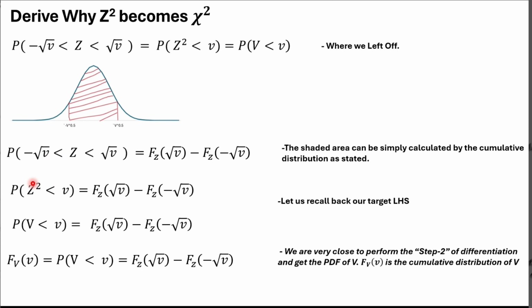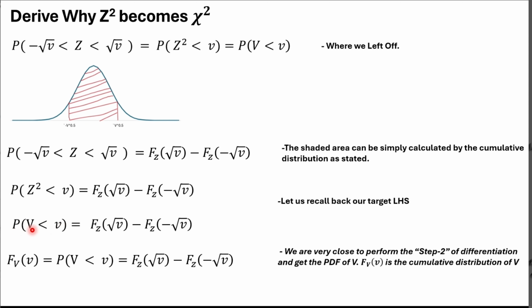Coming back to the left hand side, we see that the inequality can be written as this more concise inequality which we have seen in the previous slide. So this is equivalent to Z squared being less than v. Again, let's go a notch further. We substitute back Z squared with the value V. So what do you get? You get the probability of the transformed random variable being less than v.